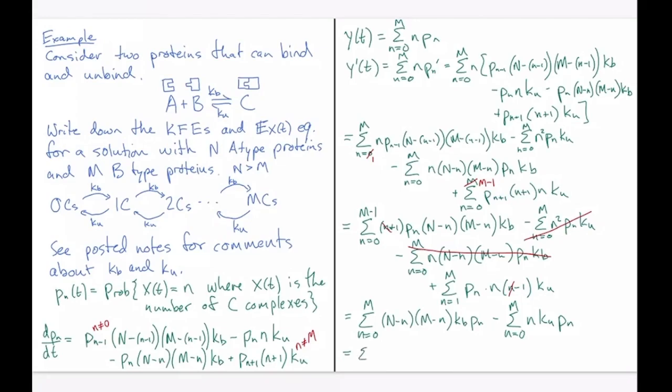You can see that this is the sum from n equals 0 to m of nm minus n plus m multiplied by little n plus n squared, kbpn, minus ku multiplied by y of t.